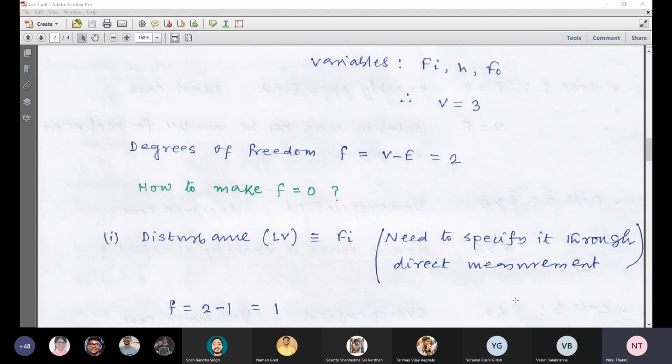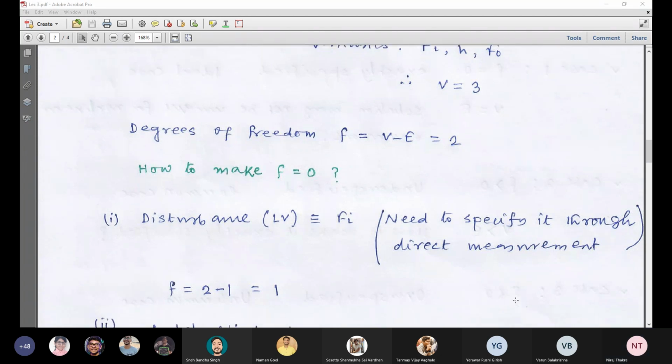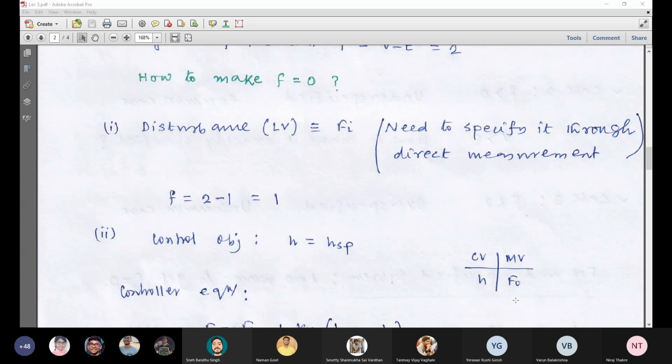Our controlled variable is height, manipulated variable is Fo. You see, our control objective is to maintain the height at its desired value, that is H_SP. Whenever you discuss the process control of a particular process, I mentioned several times you need to identify the controlled variable, manipulated variable pair. So it is shown here: H and Fo.